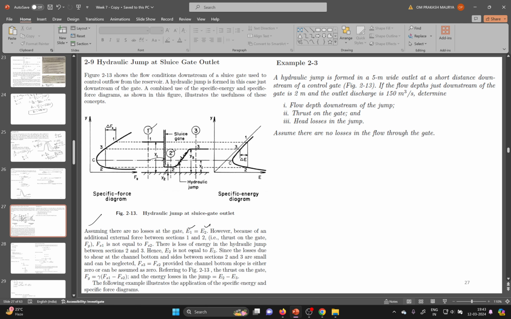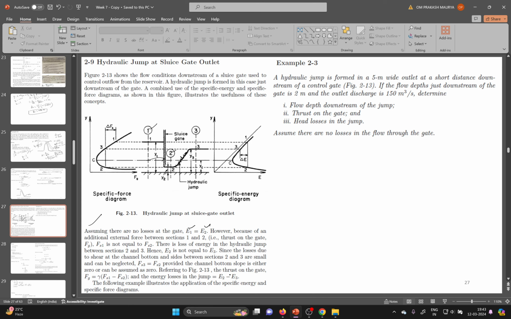But here there is no loss of force, because we assume a smooth wall and the loss due to shear is very negligible, so Fs2 and Fs3 will be equal.